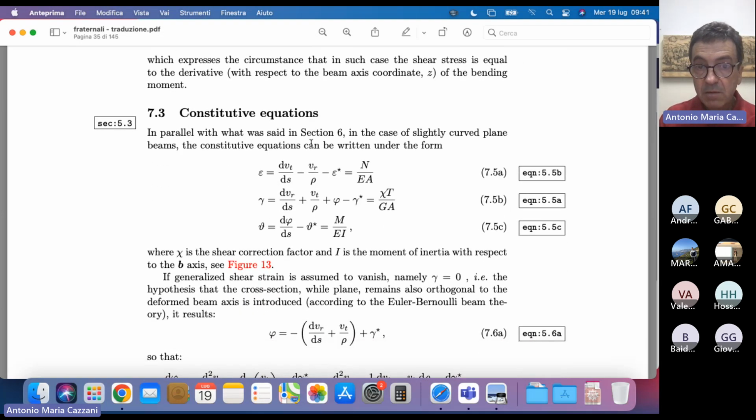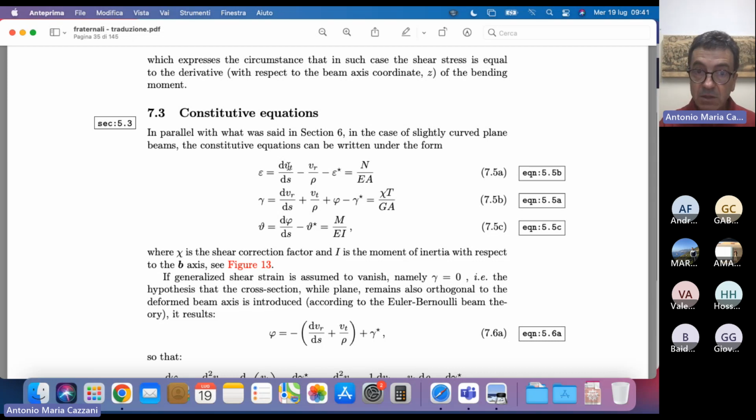Now, let's put things together, and so we can try to write down the constitutive equations expressing the link between the generalized strains, so epsilon the axial strain, gamma the shear strain, and theta the angular strain, and the applied generalized forces, axial force N, shear force T, and bending moment M. In this case, we have written down the equation for the case of Saint-Venant behavior.